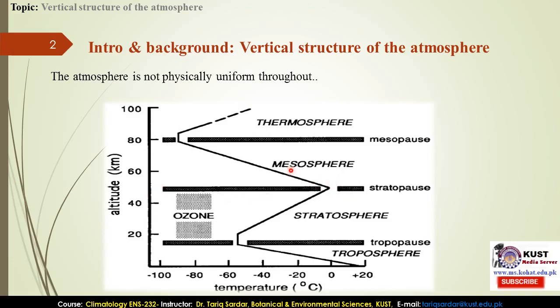After that is the mesosphere level, which goes up to 80 kilometers above the earth's surface. After that there are no concrete boundaries, which we will also mention in the upcoming explanation, up to the exosphere.